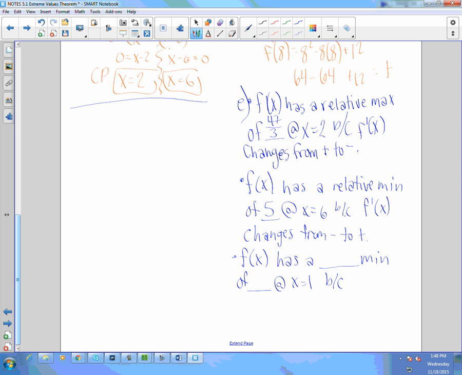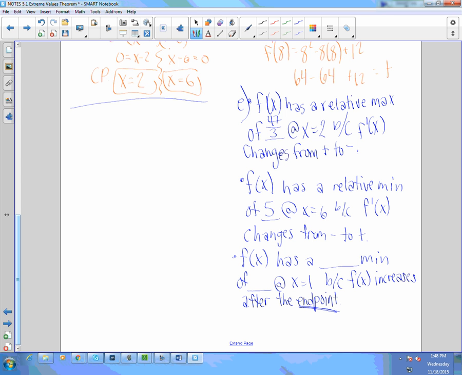Because it increases to the right of the endpoint. Because f of x increases after the endpoint. Make sure you check the endpoint, you know that's an endpoint, that's important.